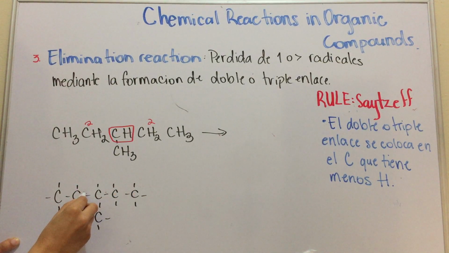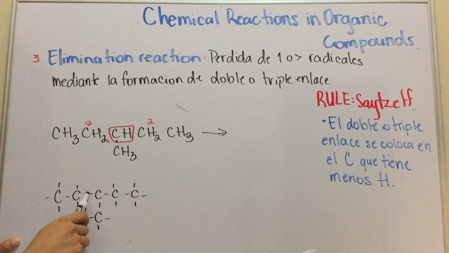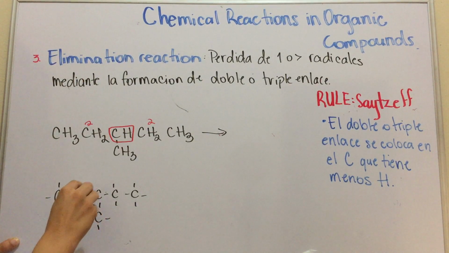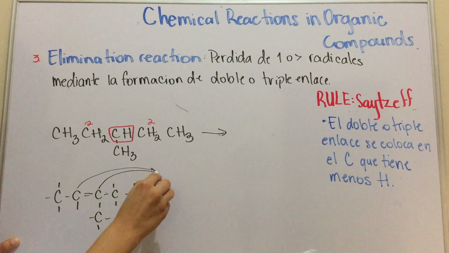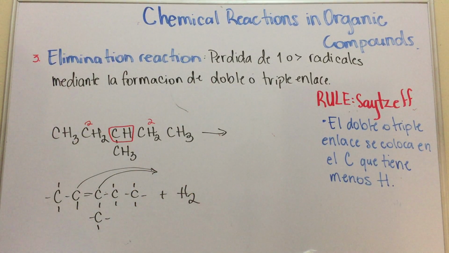So let's say I want to put it here. All right, I put it here, so I have 1, 2, 3, 4. I eliminate 1 hydrogen. 1, 2, 3, 4. I eliminate one hydrogen. So one hydrogen goes out of here and one hydrogen goes out of here, and they're going to form hydrogen gas. Okay? So that's an example with the formation of hydrogen gas.